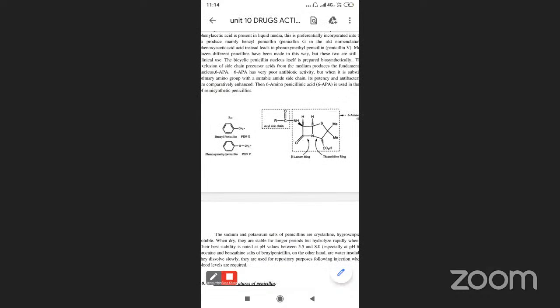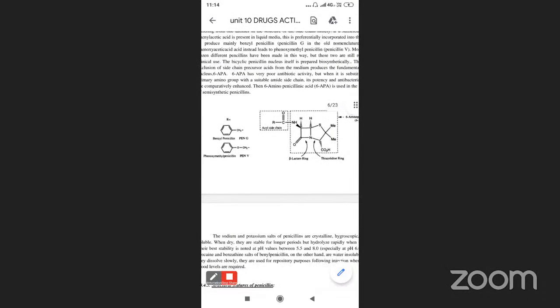For example, if the R is a benzyl group, it becomes penicillin G, or benzyl penicillin.